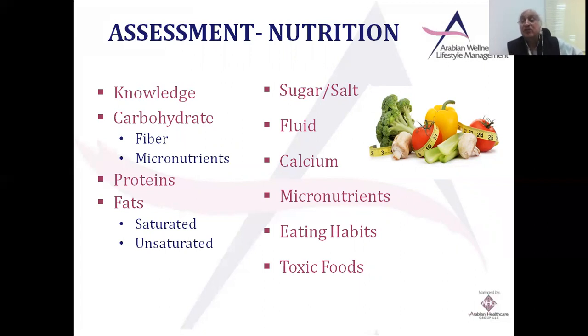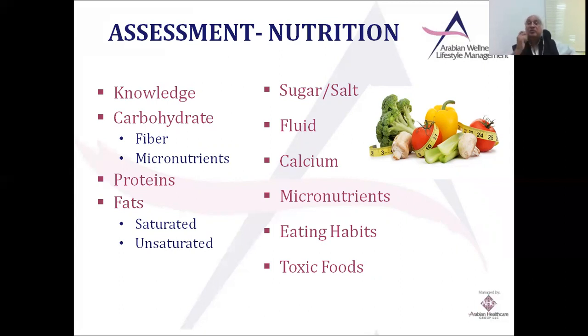Do you have saturated or unsaturated oils? For example, do you use sunflower oil or rice bran oil? These are unsaturated oils. Or do you use margarine, which is saturated?